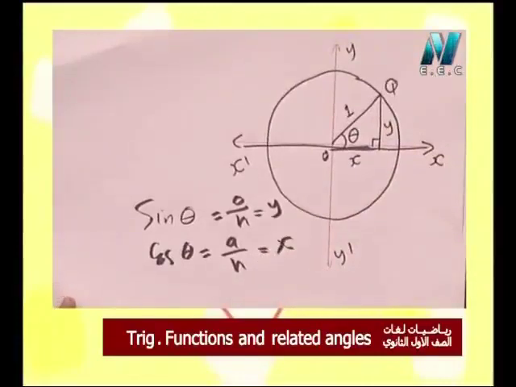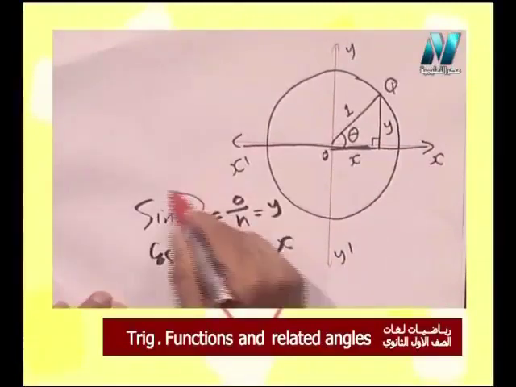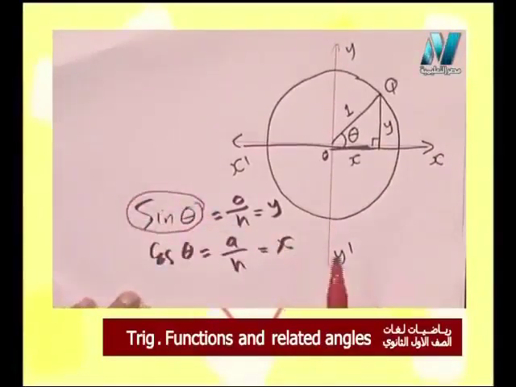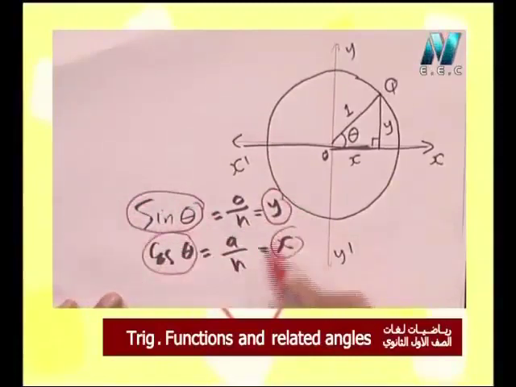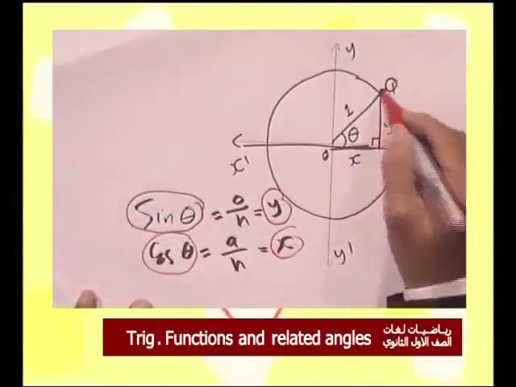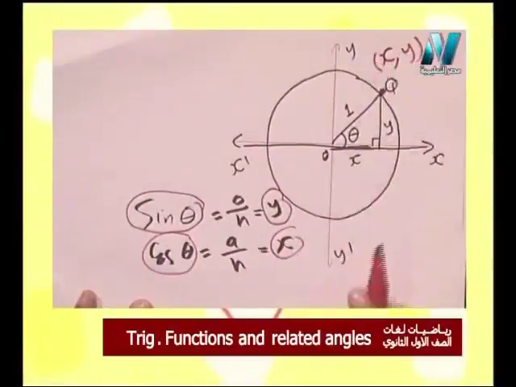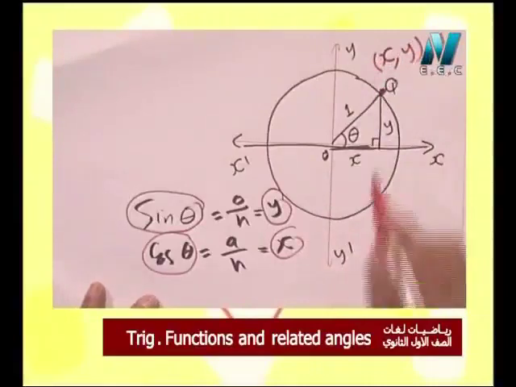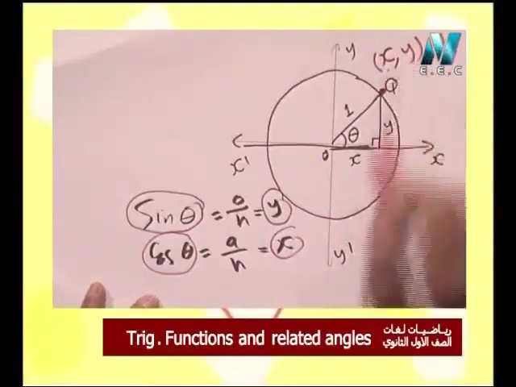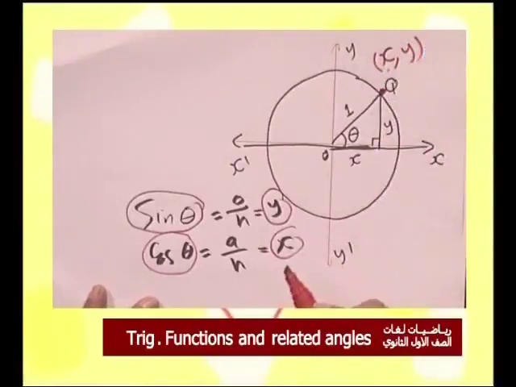So try to keep with me that sine theta equals y and cosine theta equals x, and we call this point x and y. Here they are the coordinates: the x coordinate and the y coordinate.